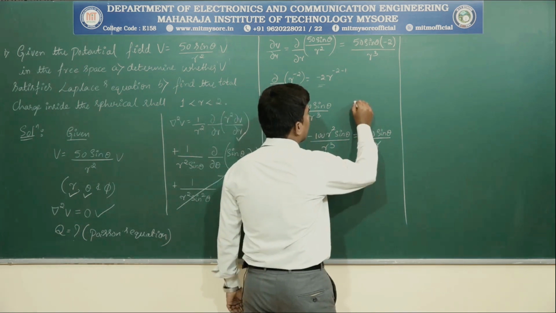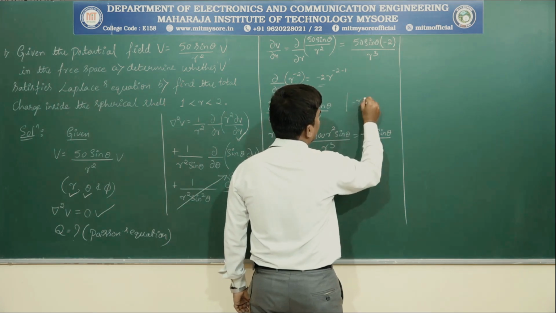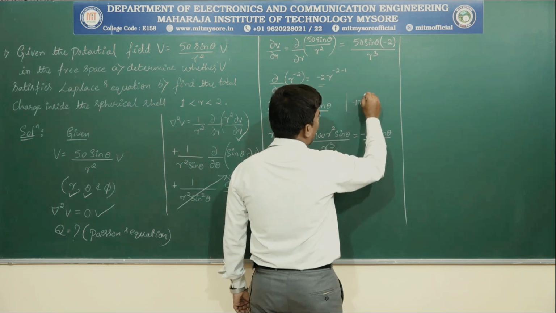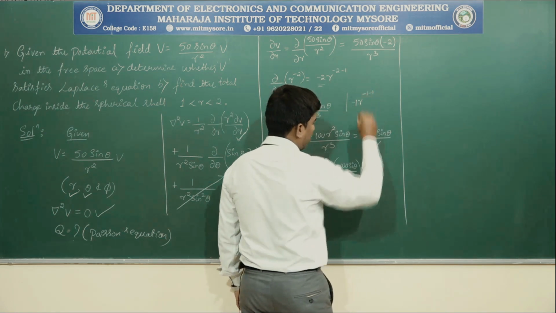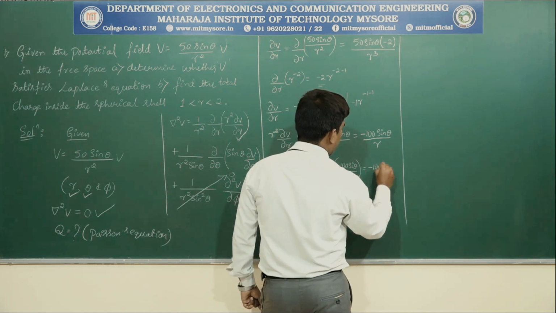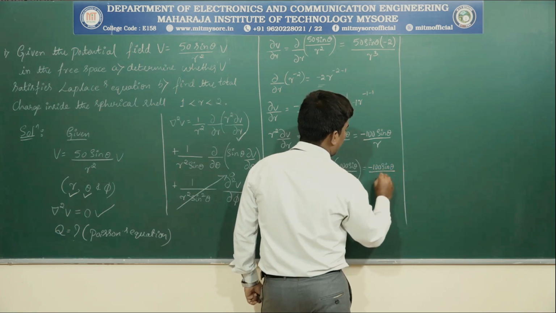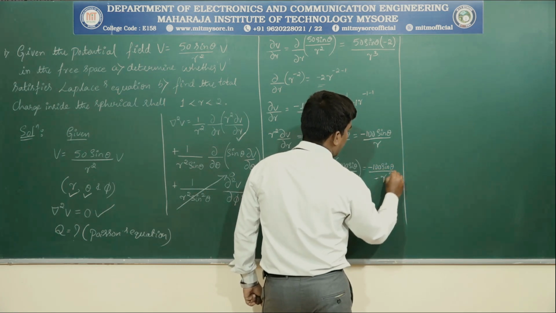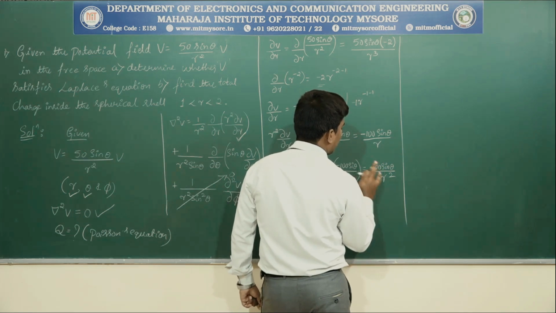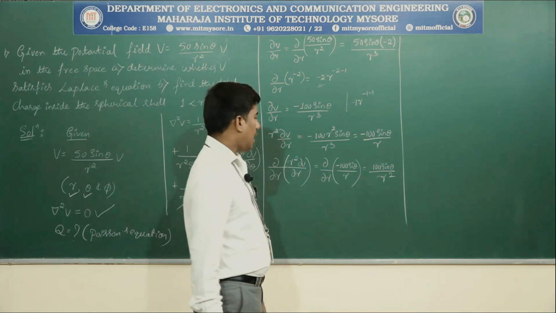It is minus 1 into r power minus 1 minus 1, r power minus 2, that is minus 1 by r square. So minus 100 sin theta divided by minus r square. Minus minus gets cancelled. We are left with only this much, 100 sin theta divided by r square.